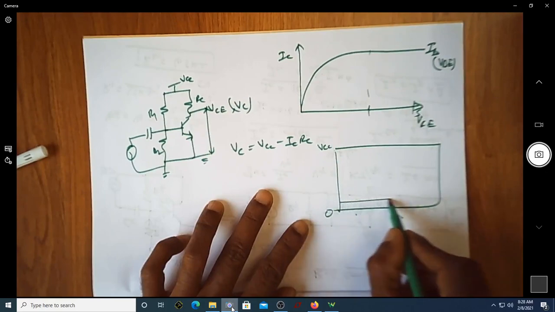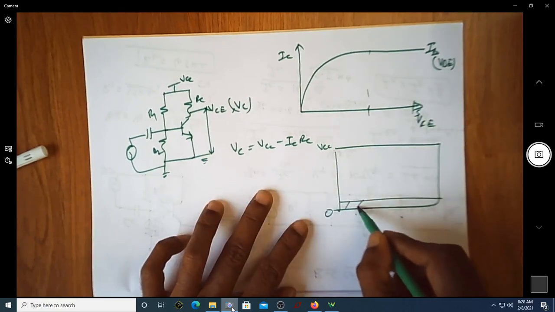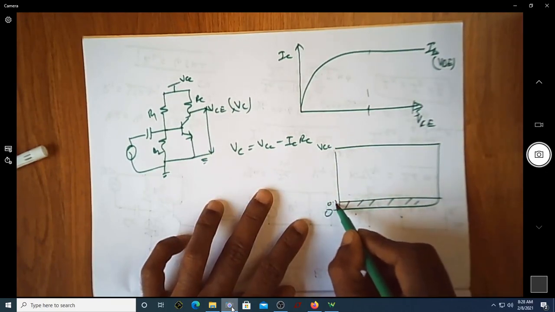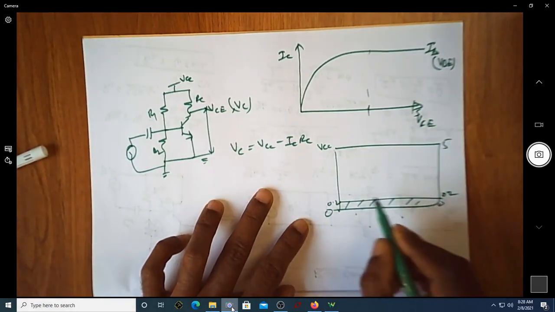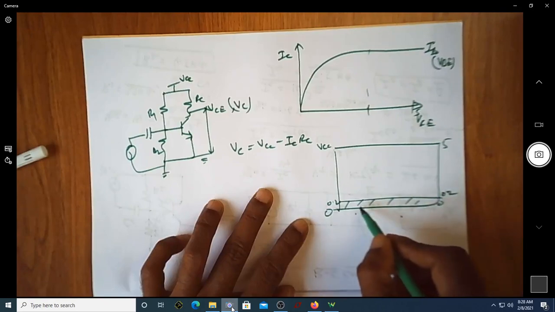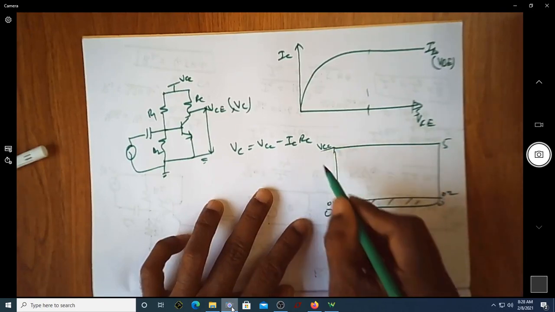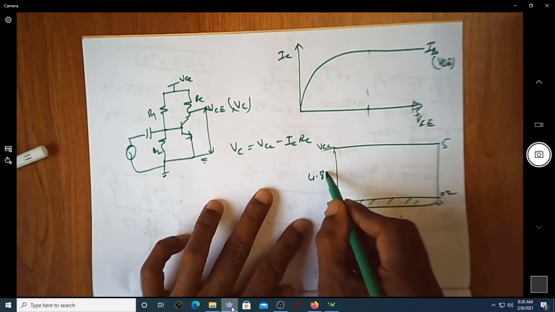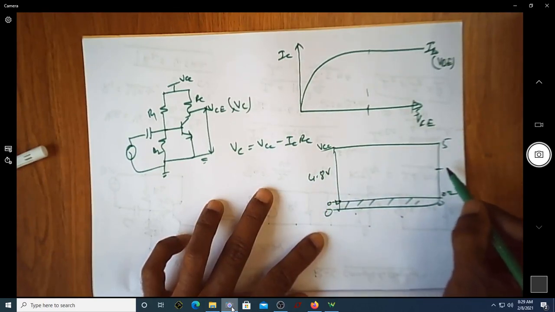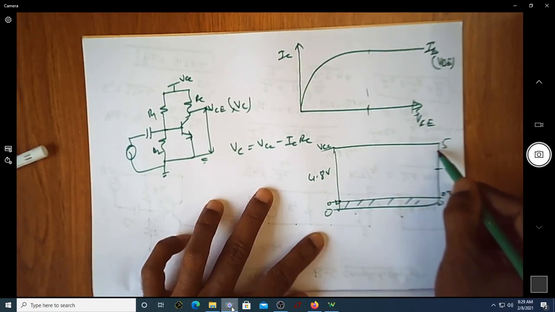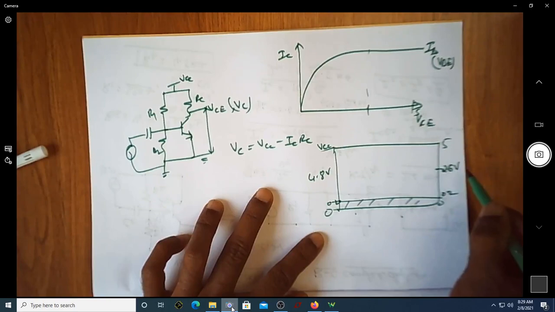In order to keep the BJT in the active region, you are supposed to dedicate some voltage of 0.2 volts. So out of 0 to 5, 0.2 is dedicated for keeping it in active mode. So you have 4.8 volt left out. You can keep the midpoint of it, which is almost 2.4 volt, from down there. So you can keep it at 2.6 volts.